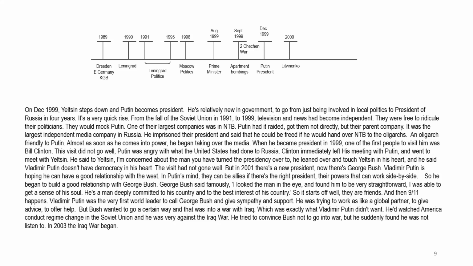He had watched America conduct regime change in the Soviet Union, and he was very against the Iraq war. He tried to convince Bush not to go into the war, but he suddenly found he wasn't listened to. In 2003, the Iraq war began.